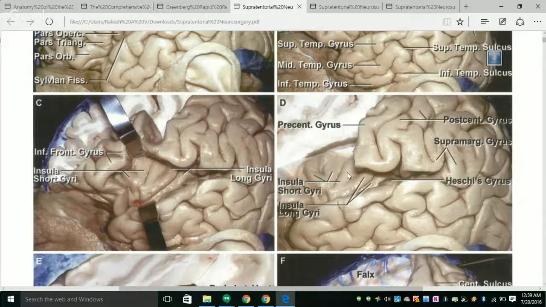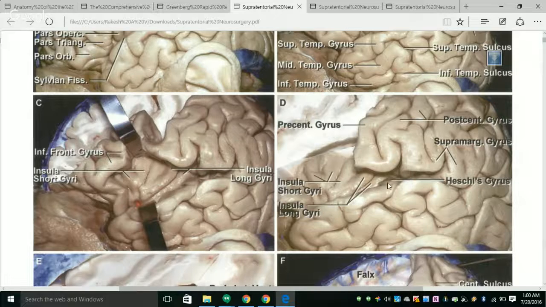The short gyri are located deep to the pars triangularis and opercularis. So the short gyri of the insula are located deep to the pars triangularis and pars opercularis. Heschl's gyrus, the most anterior of the transverse temporal gyri, faces the lower end of the post-central gyrus across the Sylvian fissure.